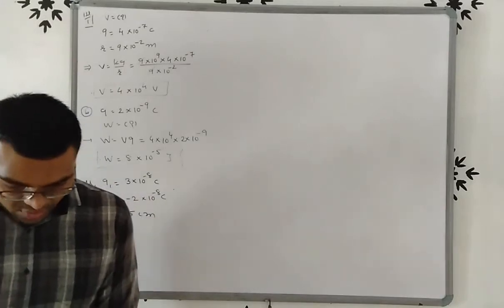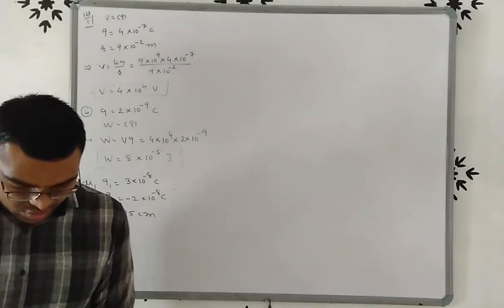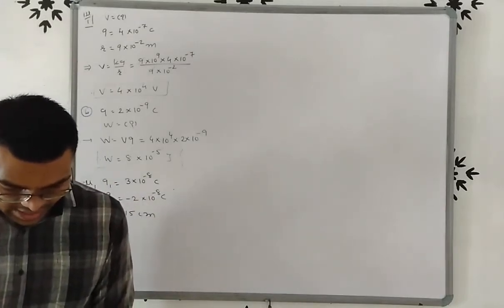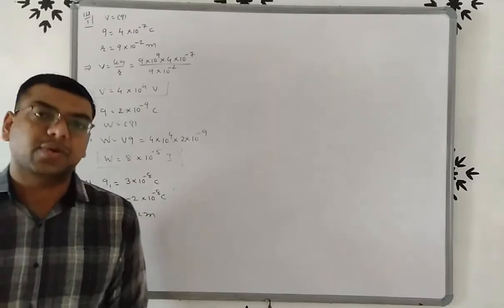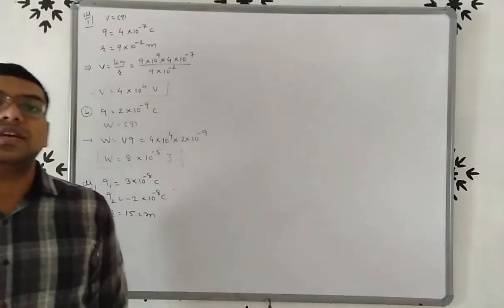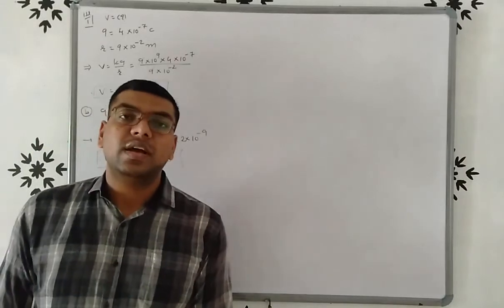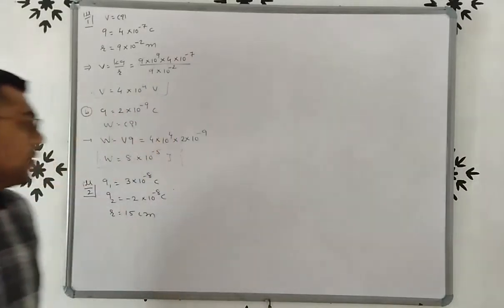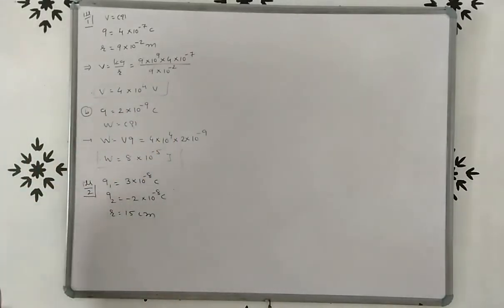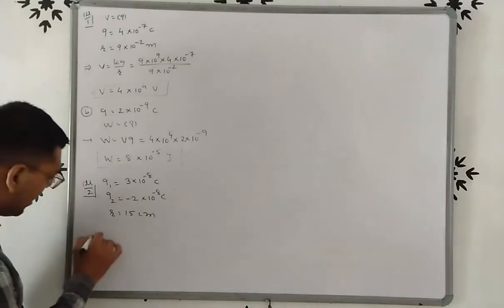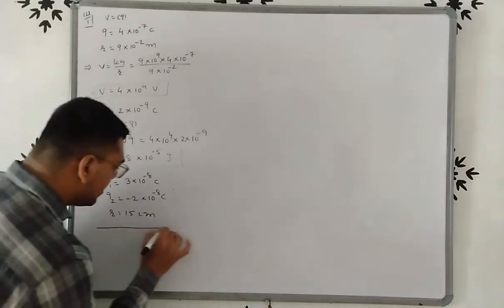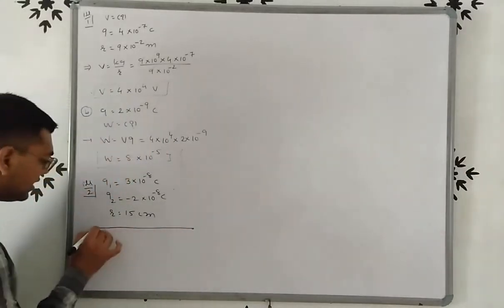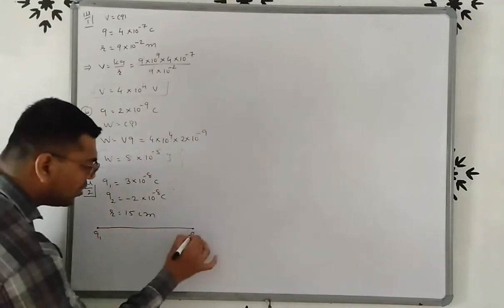At what point on the line joining the two charges is the electric potential 0? Right. So friends, here we have to find out a point where potential be 0. So see here friends, this is the line joining the charge Q1 and Q2.